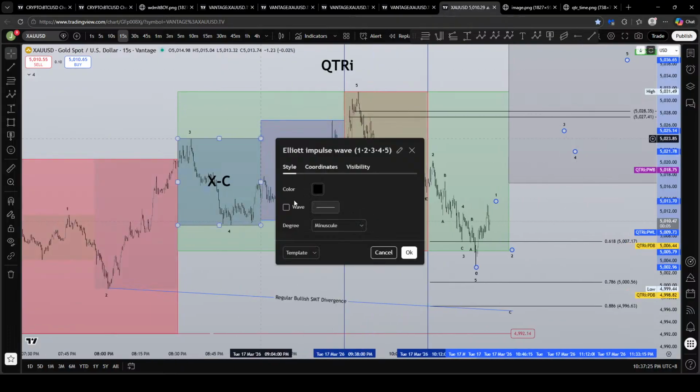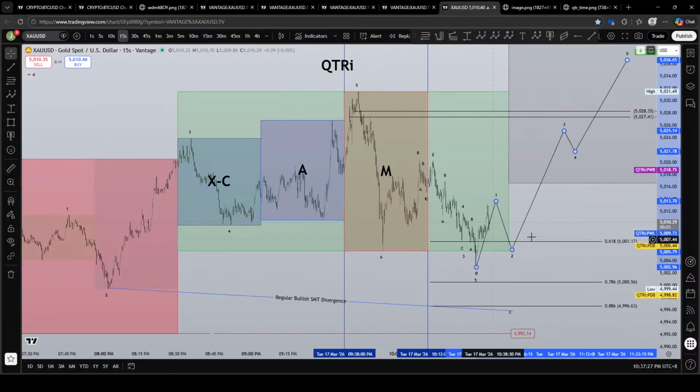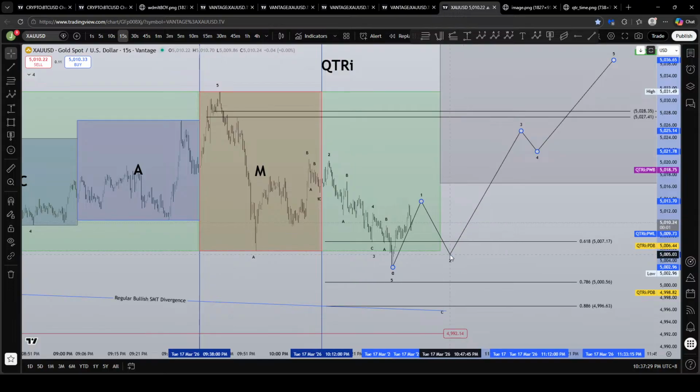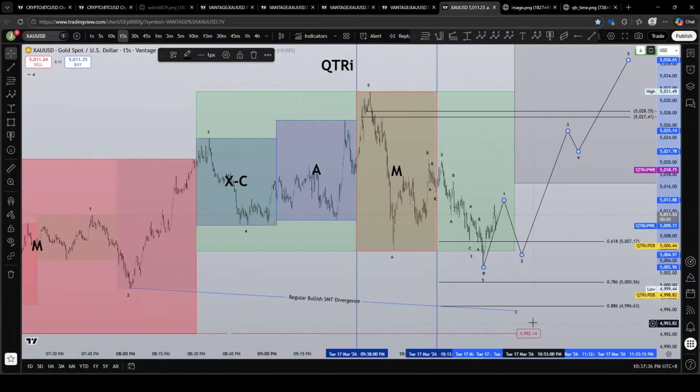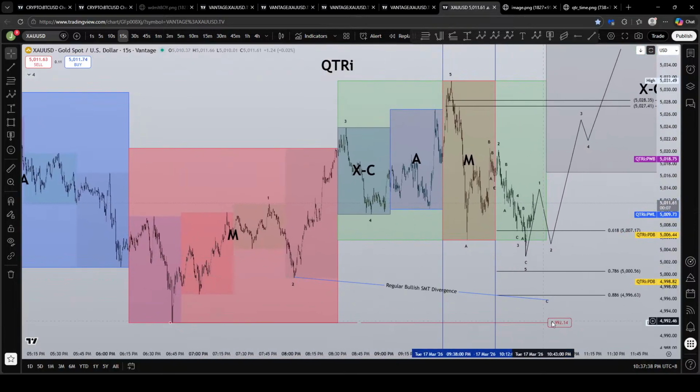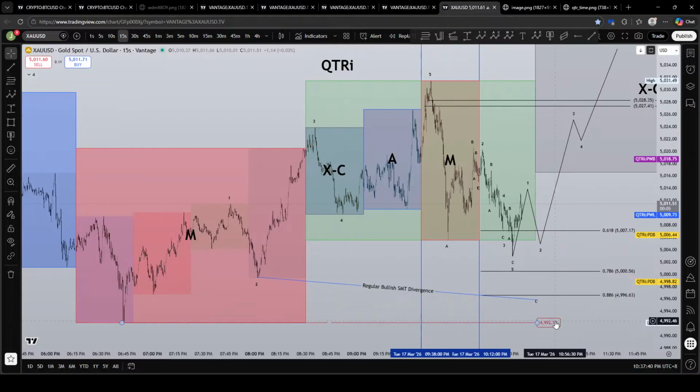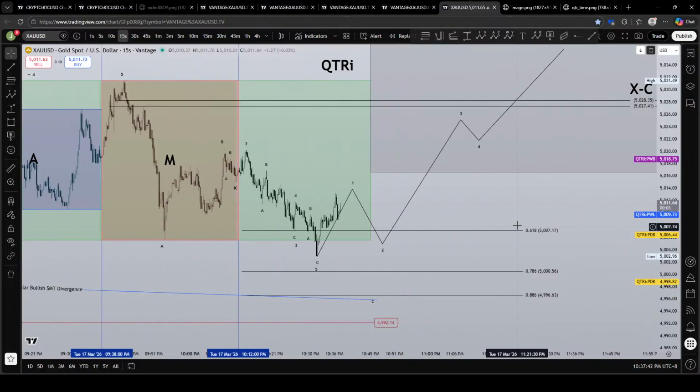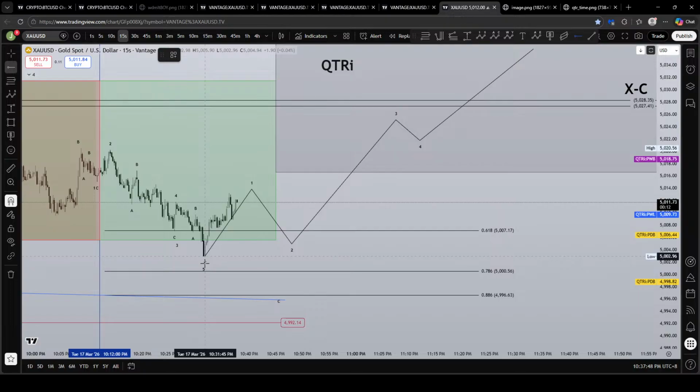Then the invalidation should be here. So the invalidation of the bullish scenario is this one, and for scalp, the bullish last line of defense will be here.